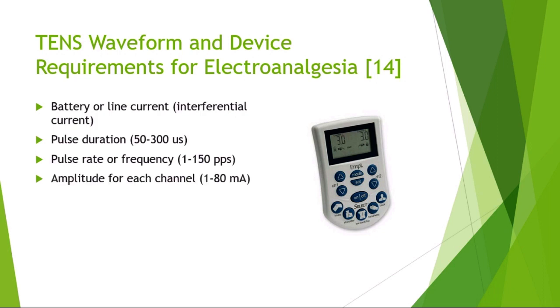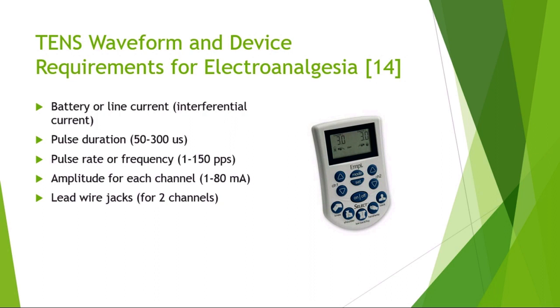The amplitude for each channel is usually going to be 1 to 80 milliamps. So that, again, is going with the patient's sensation, how they feel. Giving the patient control of the amplitude gives them a feeling of confidence and feeling like they can control what's going on, which really helps.